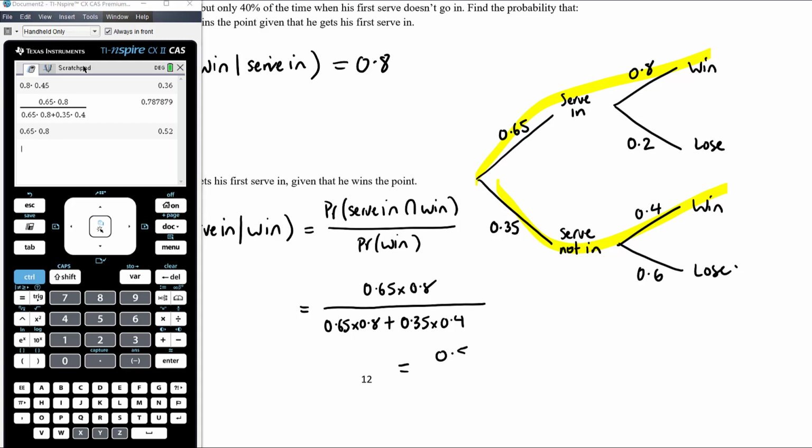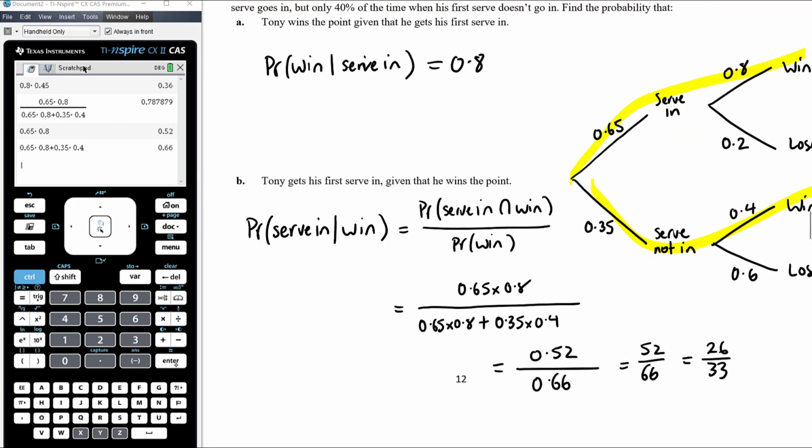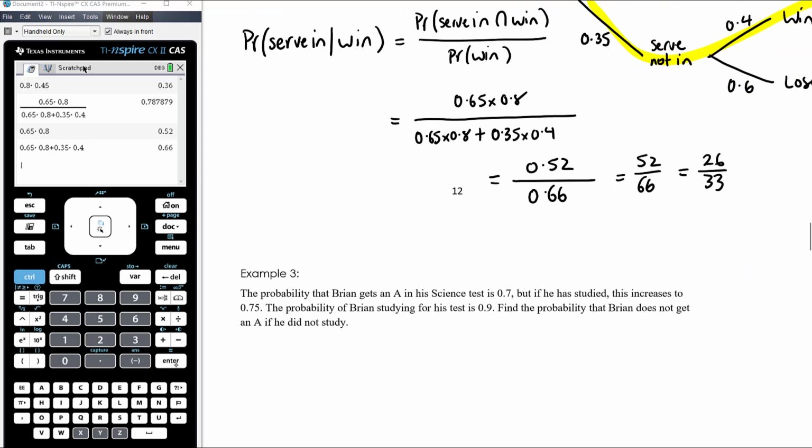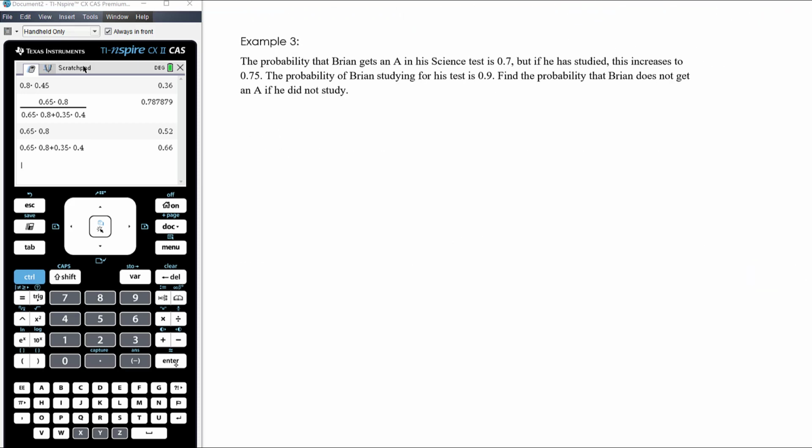So that's 0.52 over 0.65 times 0.8 plus 0.35 times 0.4, which is 0.66, and so that is 52 on 66, multiplying top and bottom by 100. We can halve both of those to get 26 on 33. Which is nicer than rounding a decimal. Again, your work with fractions and decimals is going to be really tested throughout the probability.